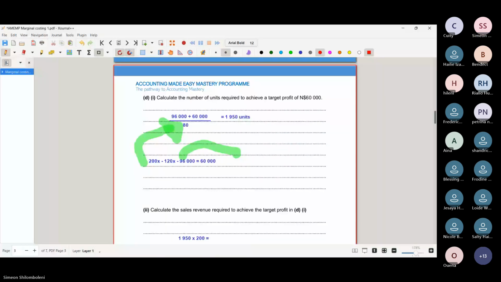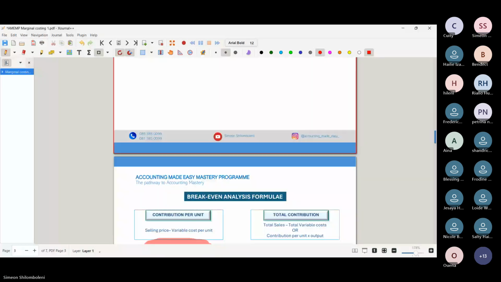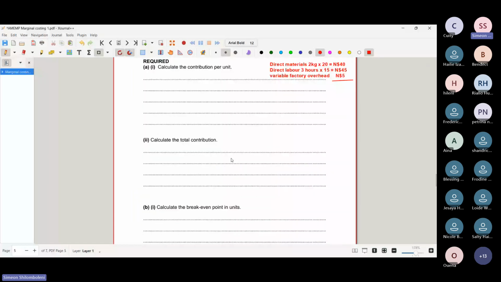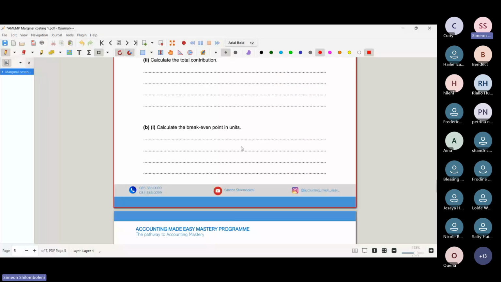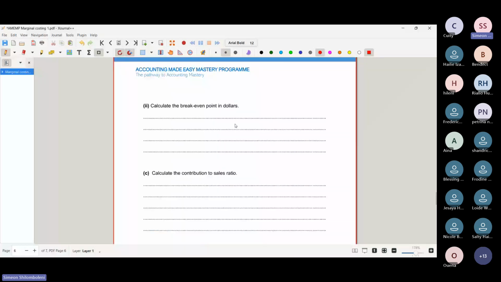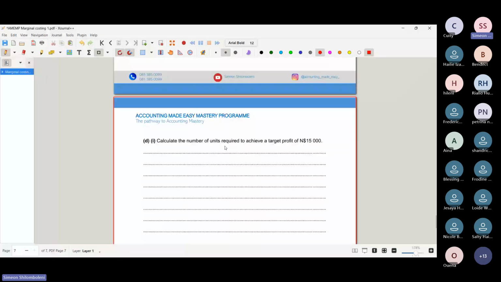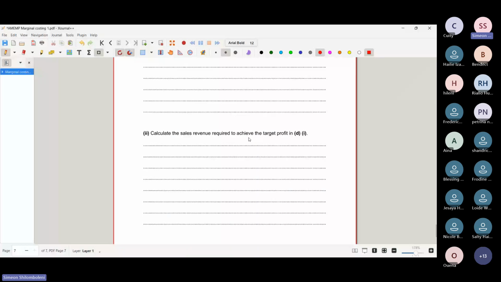So from here, calculate contribution per unit, just the same way. Calculate the total contribution, calculate break-even in units, calculate break-even in dollars, calculate contribution to sales, calculate profit or loss using the marginal costing method. The same thing that we did. Calculate the number of units required to achieve a profit of 15,000. Calculate the sales revenue required to achieve the target profit in D, and that's it.